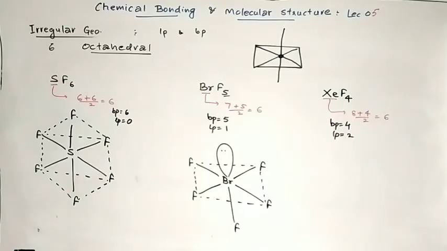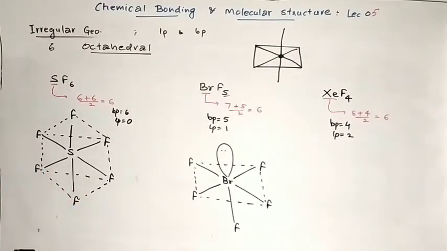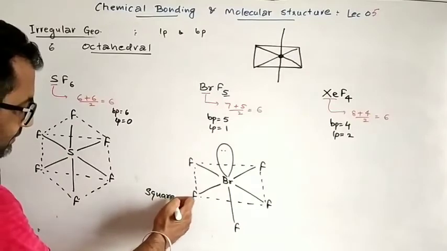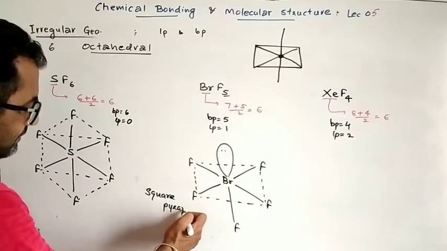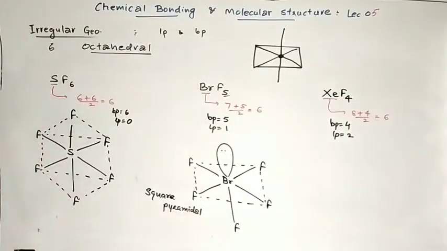This is distorted octahedral, or you can say square pyramidal. Do not need to memorize the bond angle.